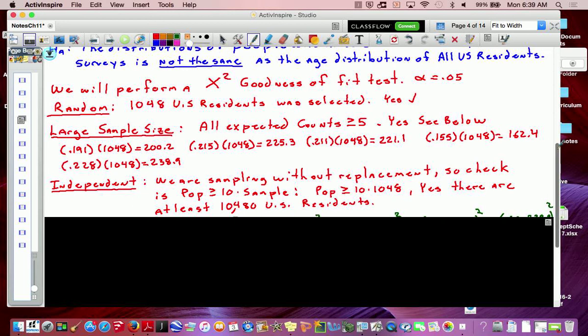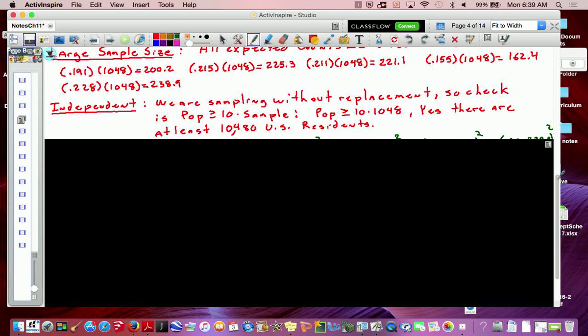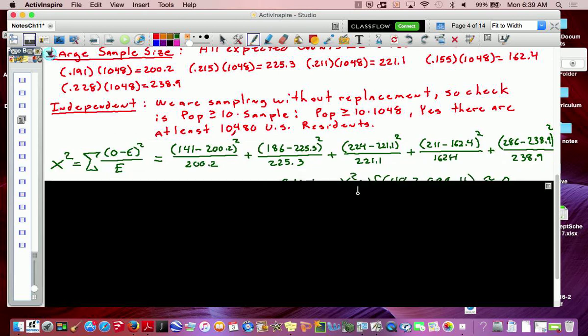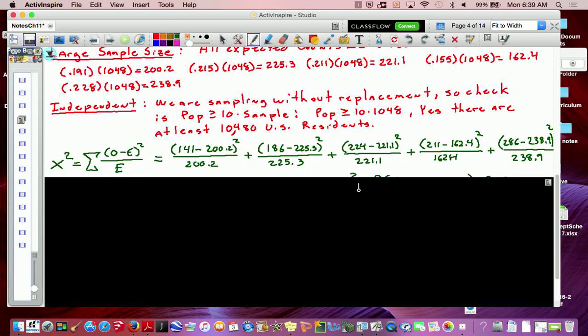All right, so calculating out chi-squared: observed minus expected, squared, divided by expected. So to get the chi-squared, what I do is I go up top. I observed 141 people in their 20s. I expected 200.2. I square the difference and divide by 200.2. I do the same thing again for the second one, and the third one, and the fourth one, and the fifth distribution.